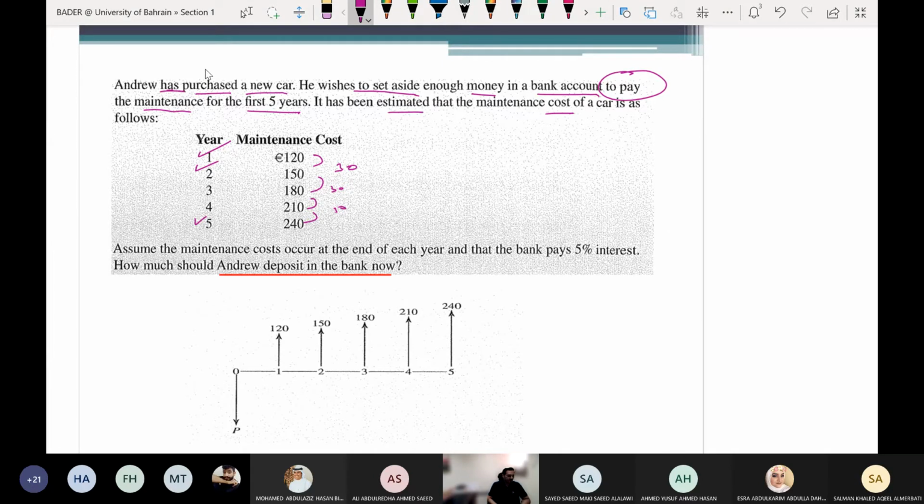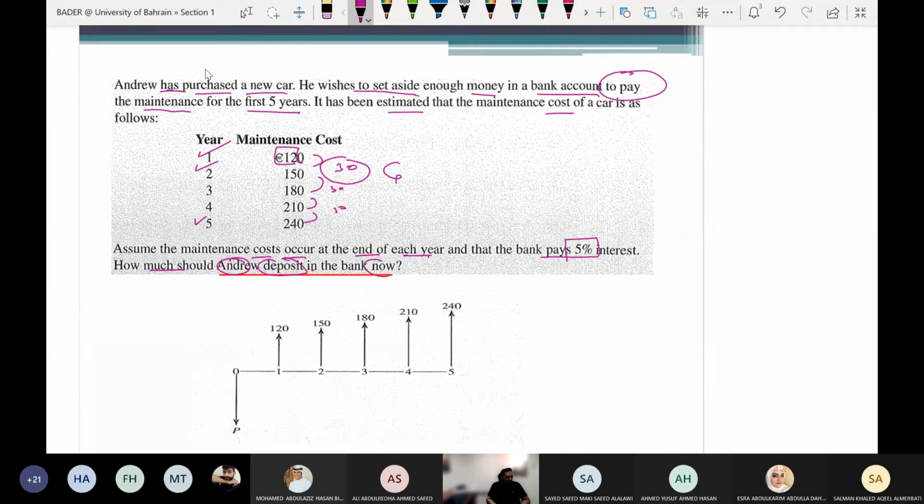So first of all, I realize that I have a base amount which is complemented by a gradient. So this is mine. Now let's look at the question. Assume the maintenance costs occur at the end of each year. The bank pays 5%. How much should Andrew deposit? Just a second.